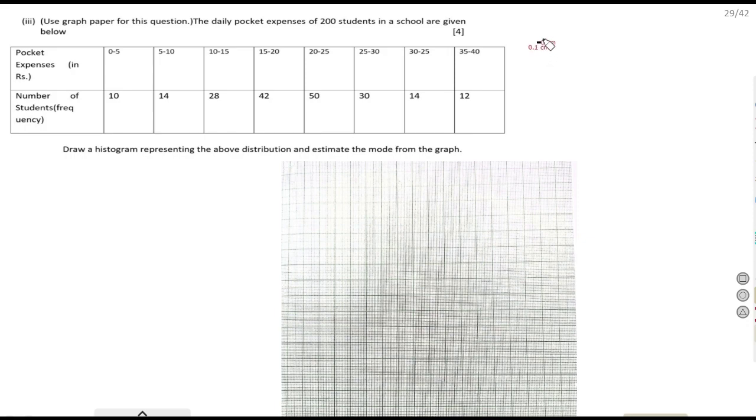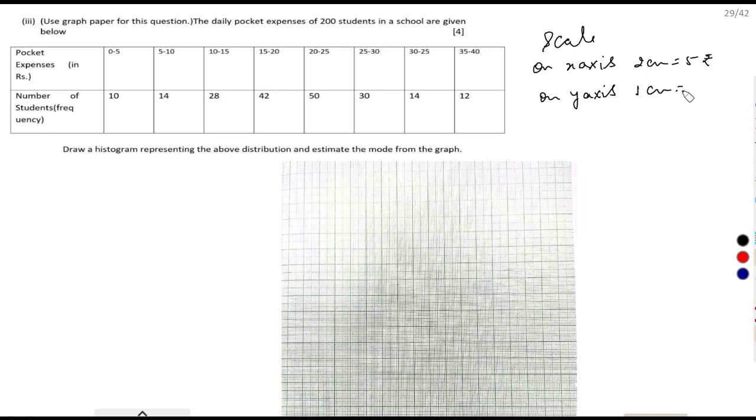Scale. On x-axis, 2 centimeter is equal to rupees 5, and on y-axis, 1 centimeter is equal to 5 students. This is 0. On x-axis, after 2 centimeter, 5.